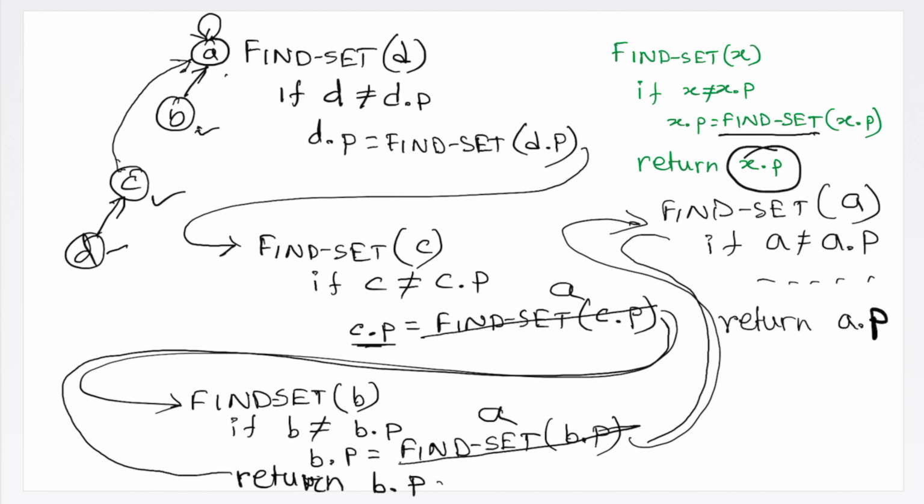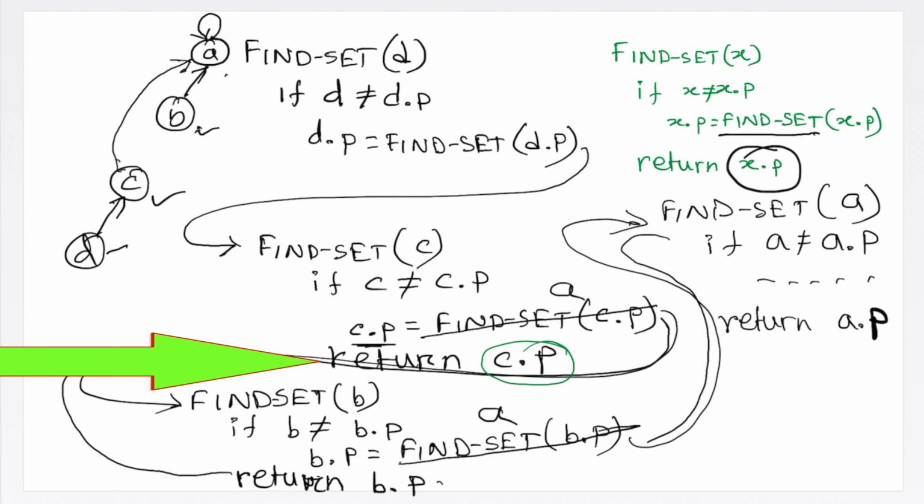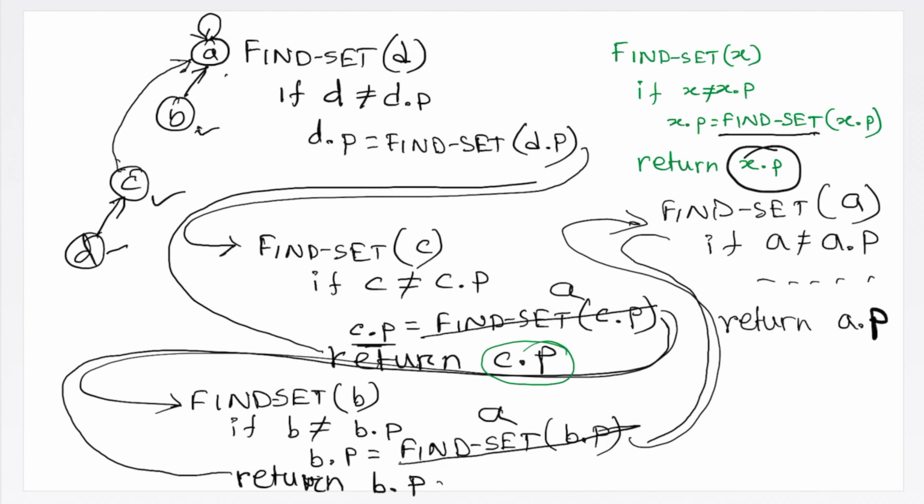Now from here we are saying return c dot p. Notice that c dot p is actually a. Therefore, from here we are returning c dot p, which is a, in this function. So we have returned a.